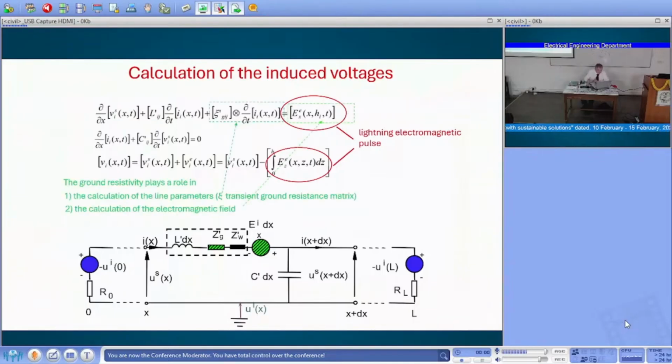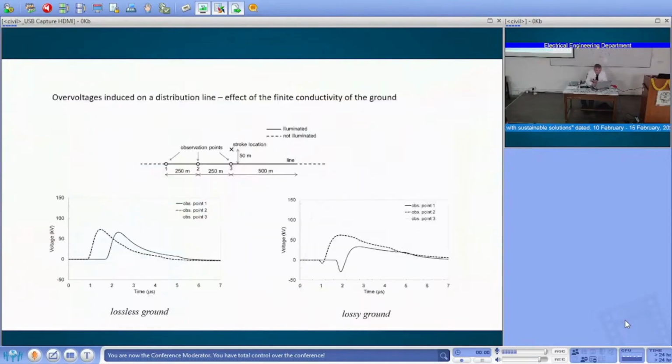Where the ground resistivity plays a role in this part, but specifically in this component, the horizontal component of the electric field. And this is the cause of the increasing of the overvoltage because of the low ground conductivity. For this calculation, this is just a simple case.